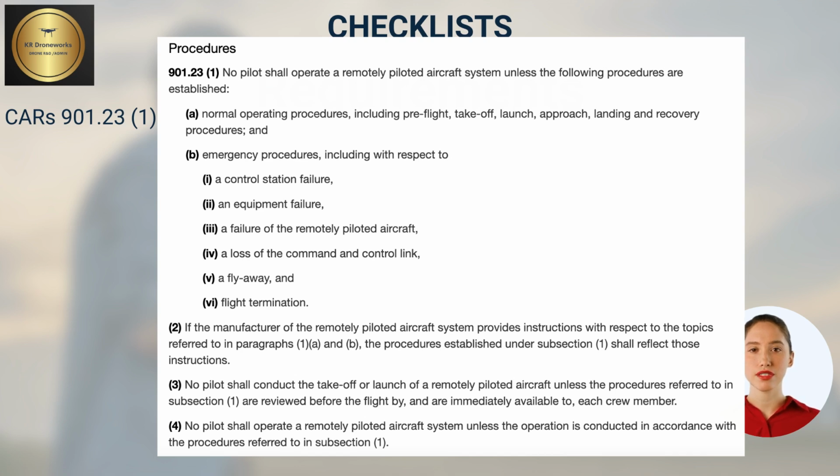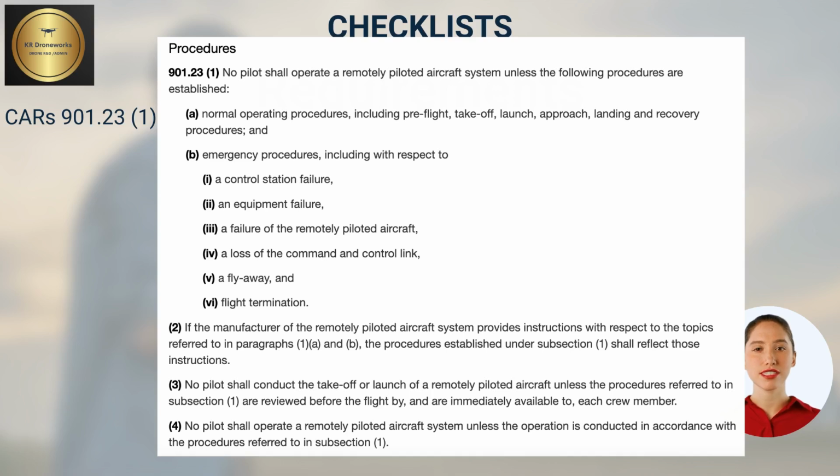Normal operating procedures that include pre-flight, takeoff, launch, approach, landing and recovery, as well as the following emergency procedures that include a control station failure, an equipment failure, a failure of the remotely piloted aircraft, a loss of the command and control link, a flyaway, and finally flight termination.